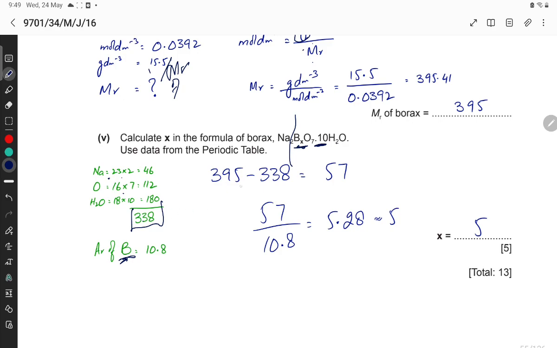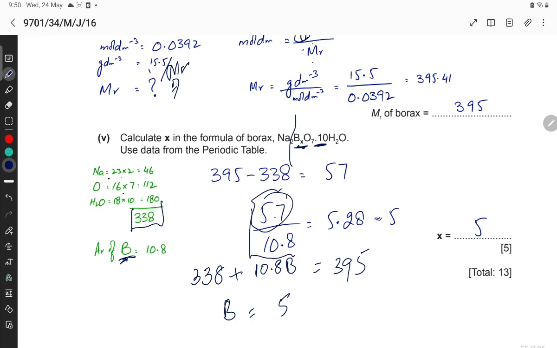So 395 is equal to 338 plus 10.8b. In this way we get b is equal to 57 over 10.8.